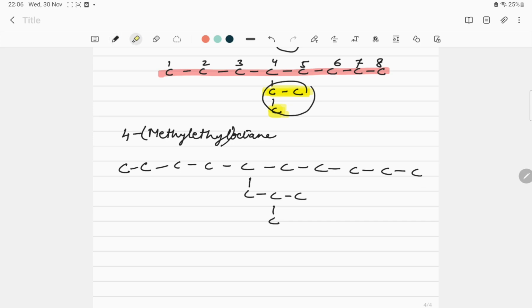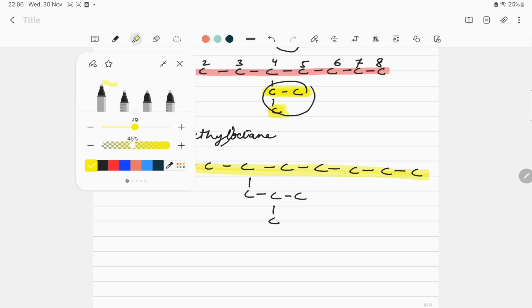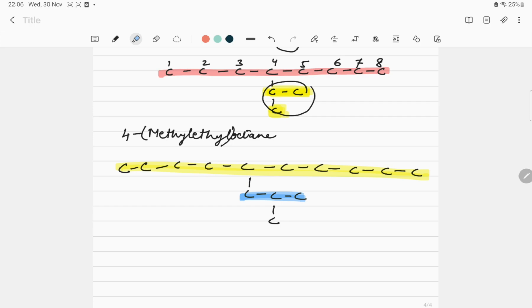So we can see the only chain which is possible as the parent chain is this, containing the maximum number of carbon atoms, and the substituents are present somewhere here. If we see the substituents, they are present like this. This is the substituent. Now in this substituent there is another substituent, that is this one.